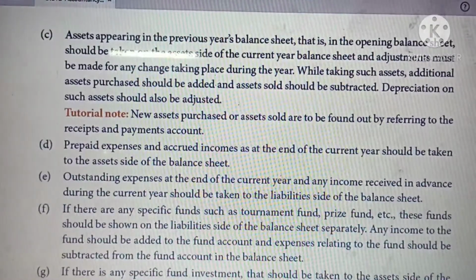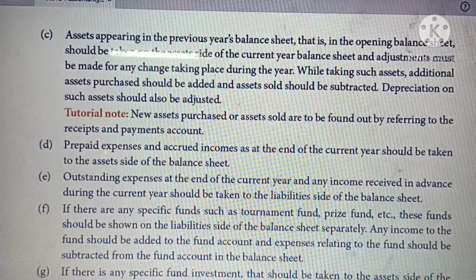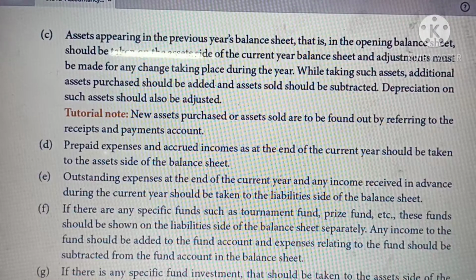Tutorial note: new asset purchases or assets sold are to be found out by referring to the receipt and payment account. So while you are preparing a problem, you must go through the receipt and payment account. Why?